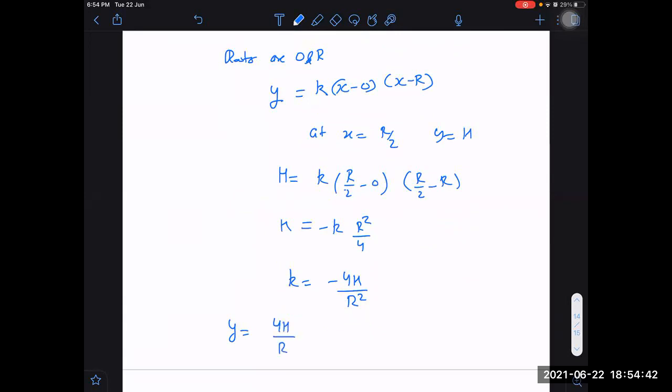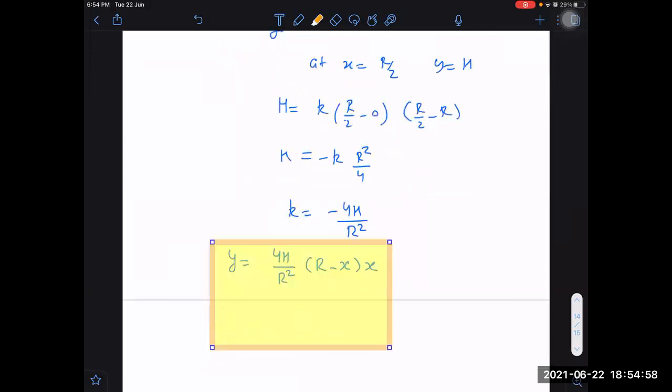4h by r square into (r minus x) multiplied by x. This is another equation of trajectory, equation number 2. This is also an equation of trajectory.